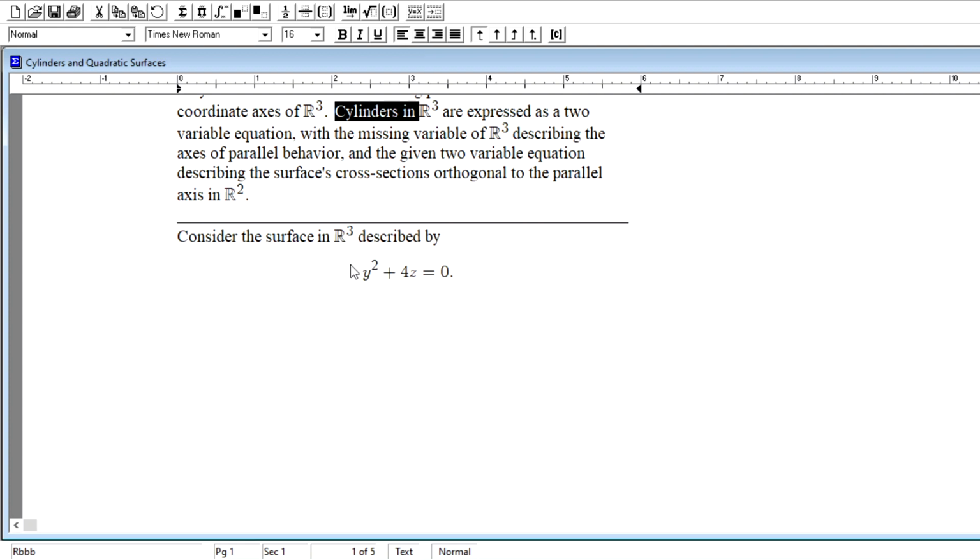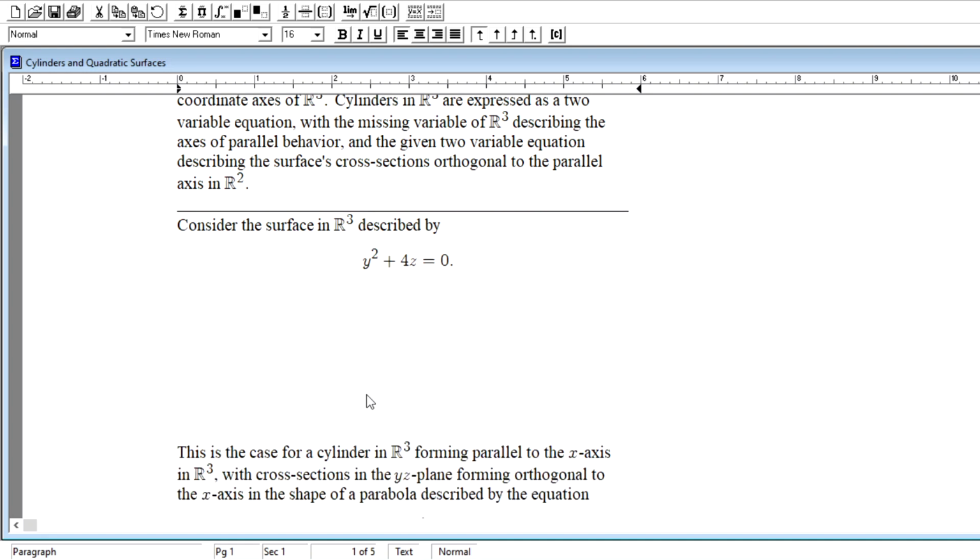All of the cross sections orthogonal to the x-axis will look like this equation here, what its graph would resemble if we were just to consider sketching the graph of this in the YZ coordinate space. Now you might recognize that in the YZ coordinate space as the graph of a parabola.